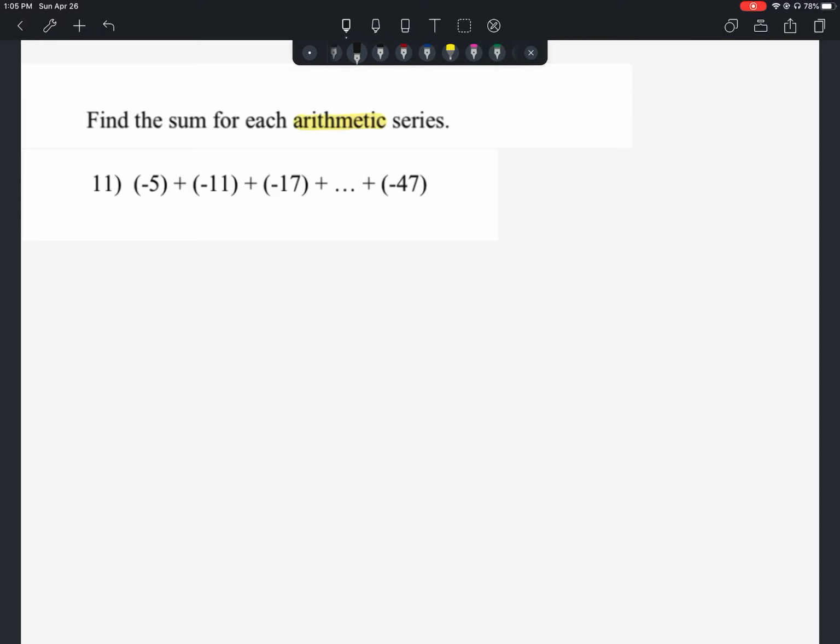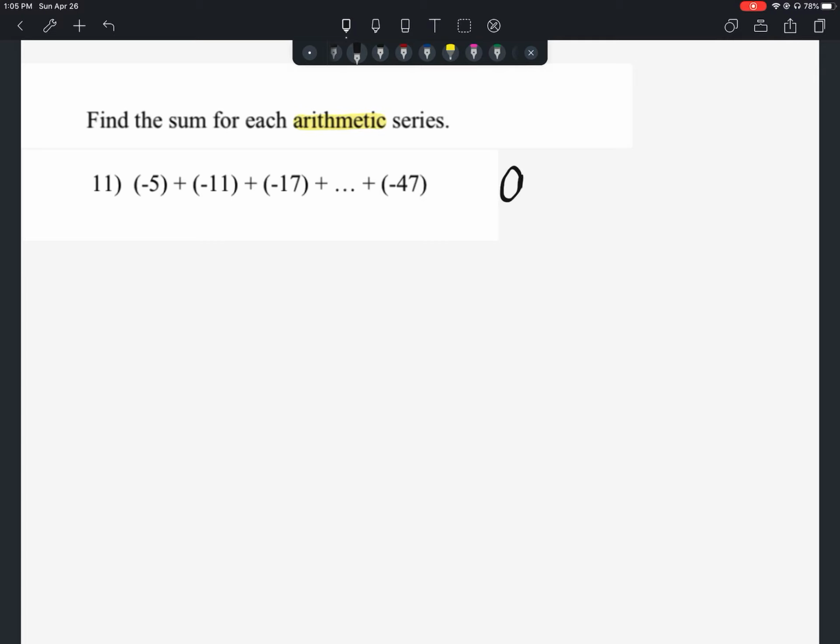Our series here is -5 plus -11 plus -17 all the way up to -47. Remember with our arithmetic series, there's a couple things we already know.